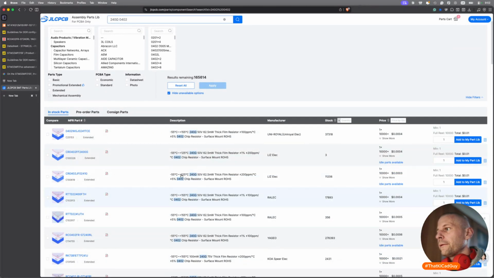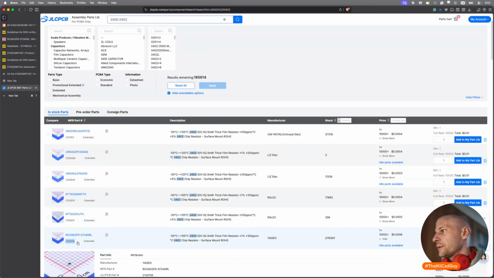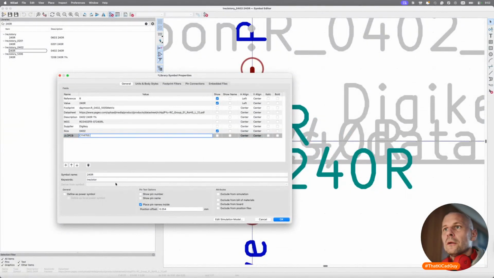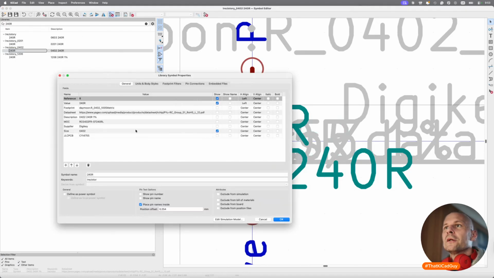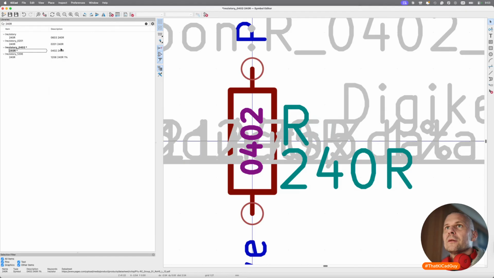Yeah, I think I will use the same Yageo because the price is good. Yes. Yeah, there is a bug in KiCad because when you change the description, it doesn't appear here, but it's persistent from, I don't know, version 8 or 9.